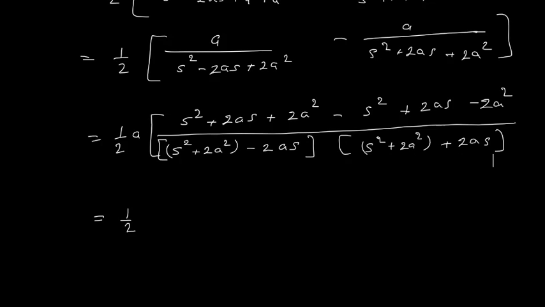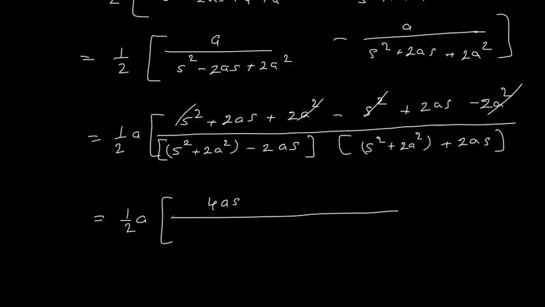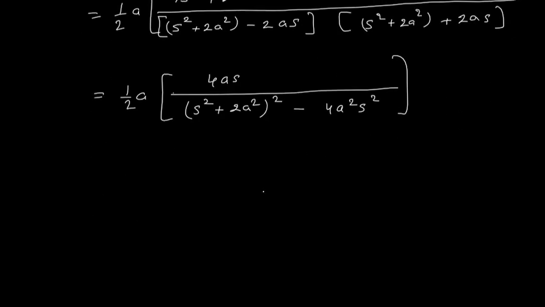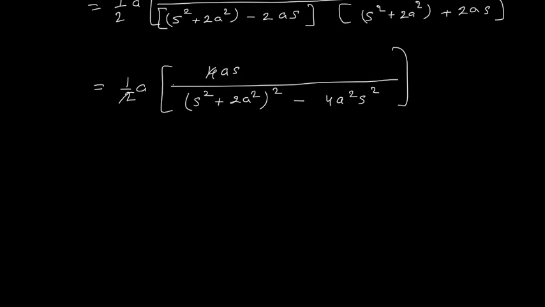So this is 1 by 2a. Now in the numerator s square cancels, 2a square cancels, and 2as plus 2as becomes 4as, upon, here a square means s square plus 2a square the whole square, minus 4a square s square, the square of 2as. So 2 ones are 2, 2 twos are 4.